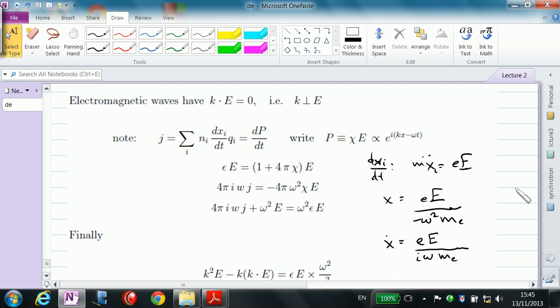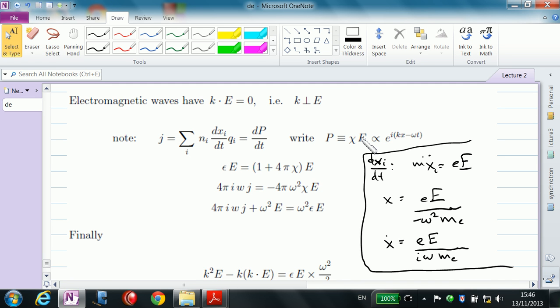Eventually I'll write a magnetic field. First, let's do it without the magnetic field. But the point is, that's the simplest case, where it's just a bunch of particles. But here, I'm being general. I'm just writing J is equal to dP/dt, and I write P as some tensor times the electric field.